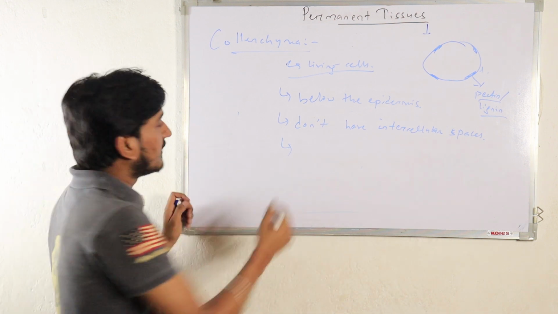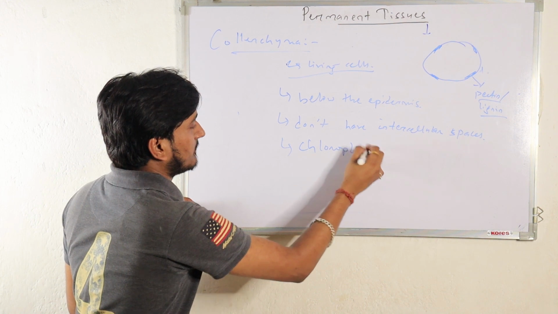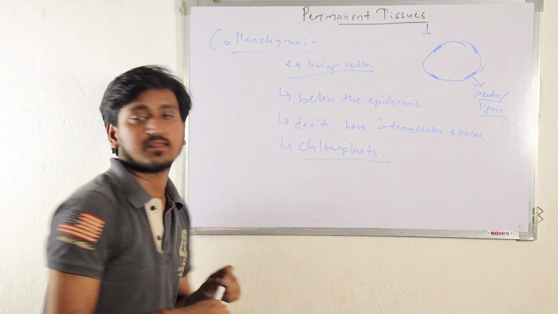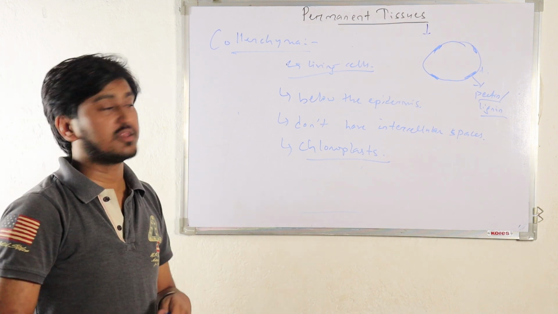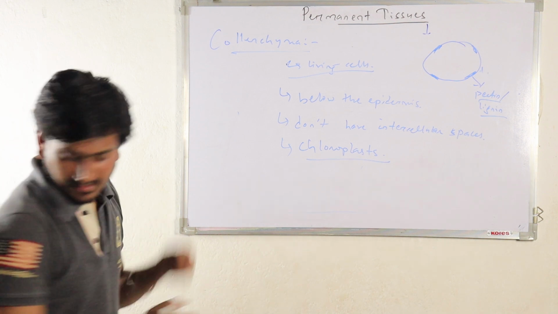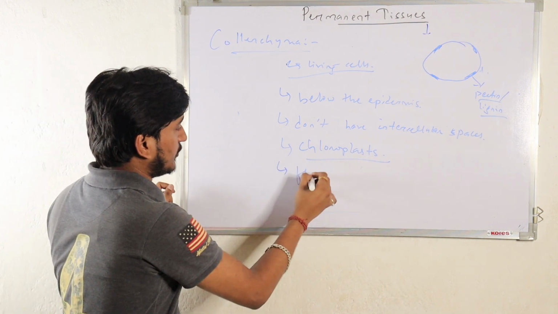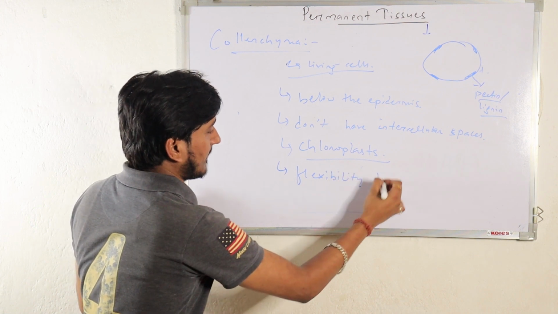This type of cells have chloroplasts in them. Chloroplast is that organelle in plant cells which has the chlorophyll, which is responsible for building the food in the process of photosynthesis. Their main function is to provide flexibility to the plant parts.